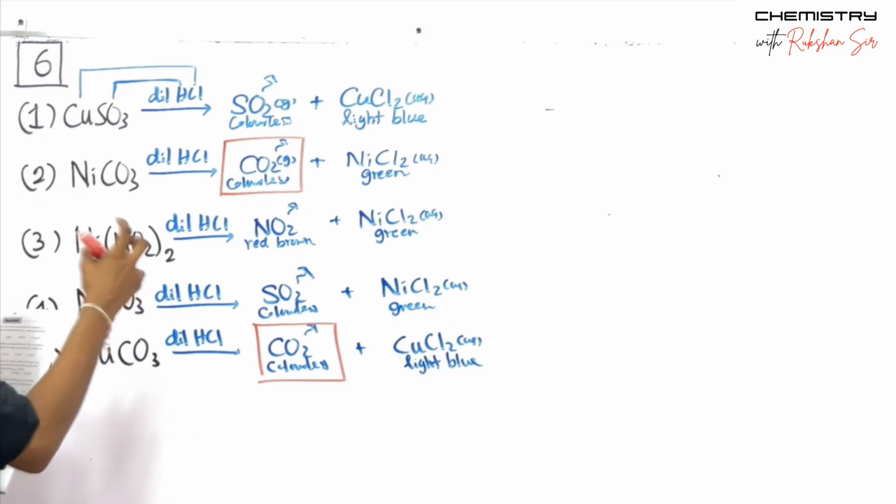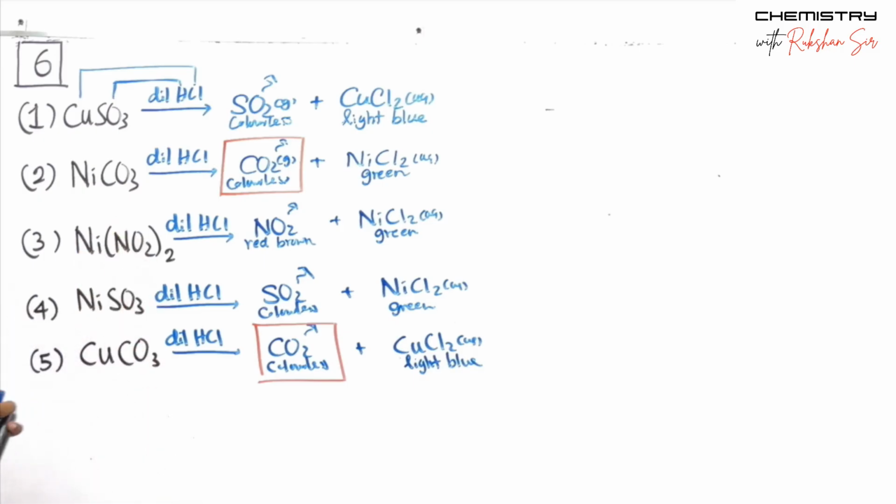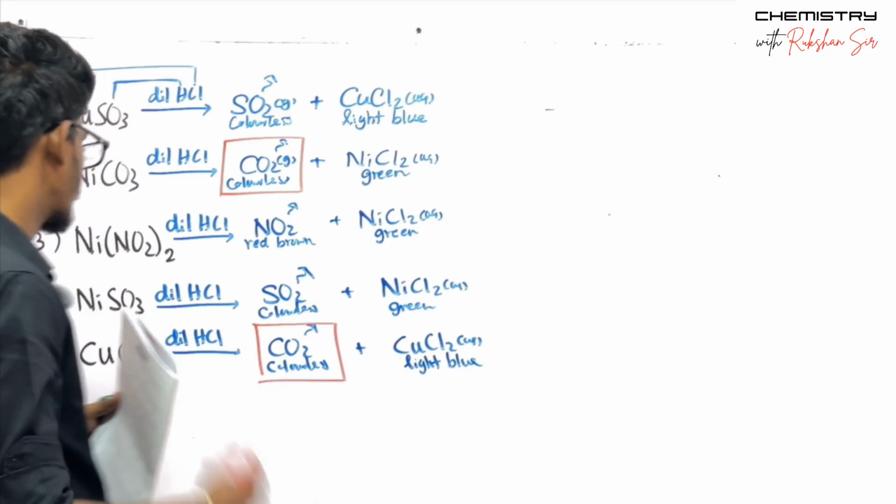So out of those 5 gases, right, only CO2 is not changing the color of the chemical solution. Only CO2 is not changing the color of those oxidizing agents.